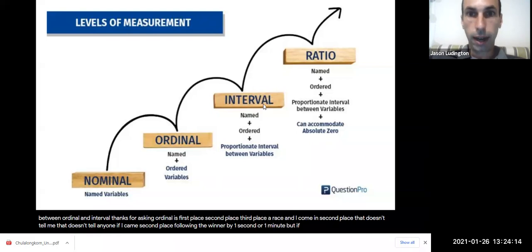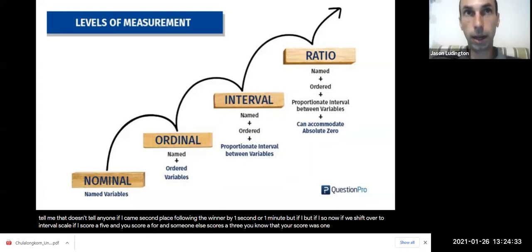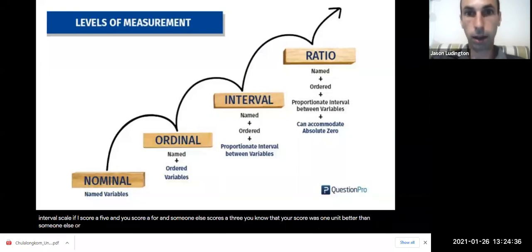But now if we shift over to interval scale, if I score a 5 and you score a 4 and someone else scores a 3, you know that your score was 1 unit higher than someone else's. And mine was 1 more than yours. So we can measure the difference between one another's scores, and those differences exist in whole unit intervals.